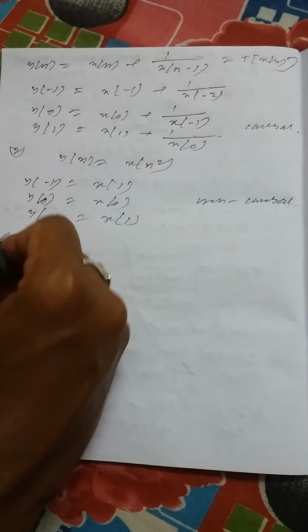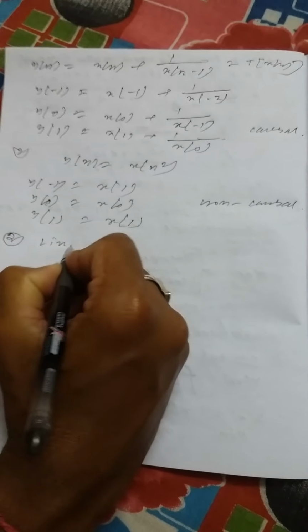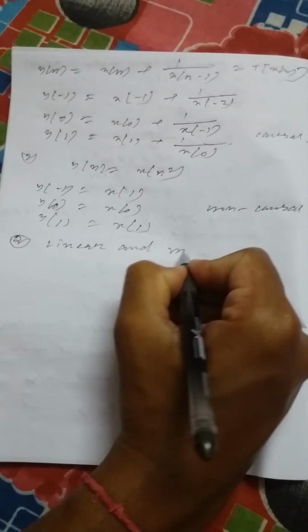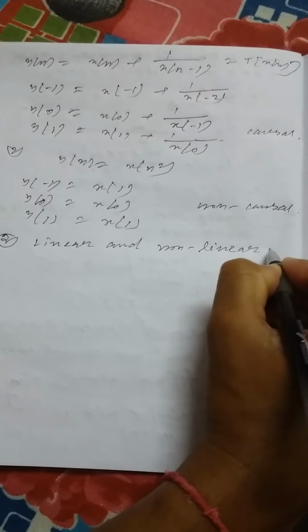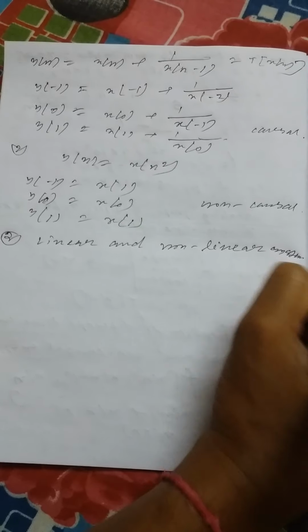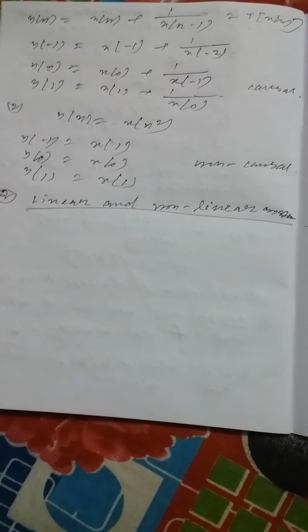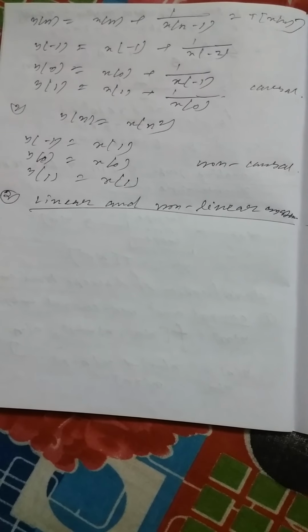Now the most important classification, that is linear and non-linear system. So linear and non-linear system, this is very much important. A system that satisfies the superposition principle is said to be a linear system.